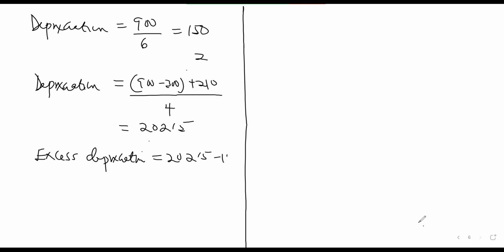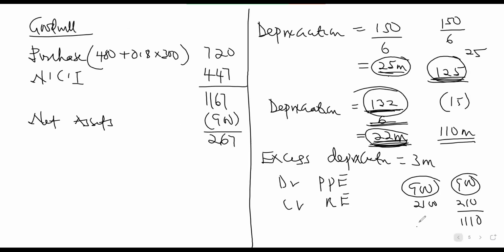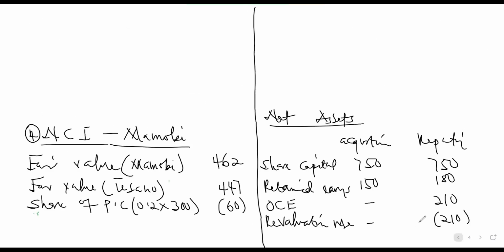The excess depreciation is 202.5 minus 150, and that will be 52.5. How would this be treated? It will be added back to the asset and also to retained earnings, Tesla's net assets.